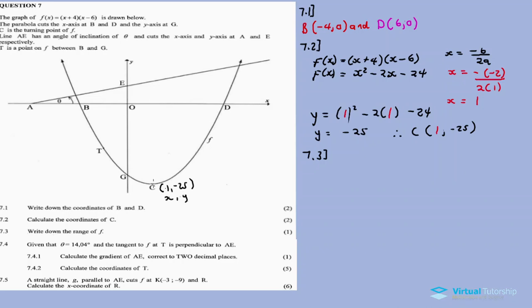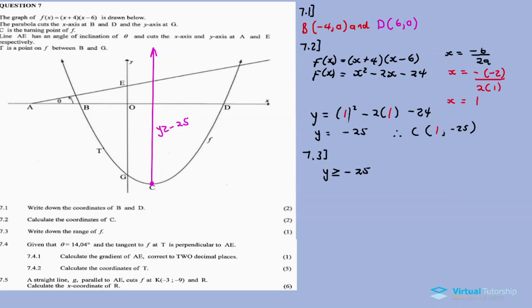So my graph is valid in terms of y values from negative 25 all the way up to positive infinity, since the graph stretches upward. So the range for this function is y greater than or equal to minus 25.